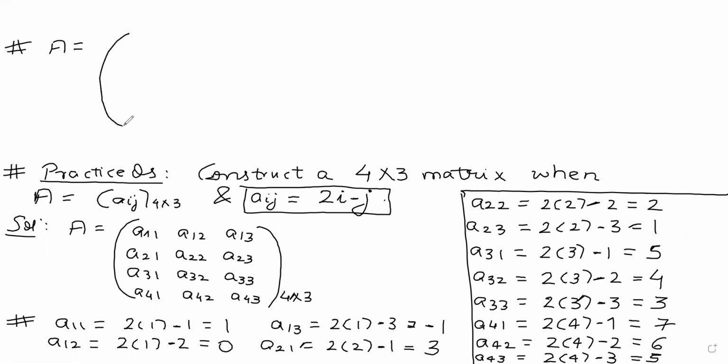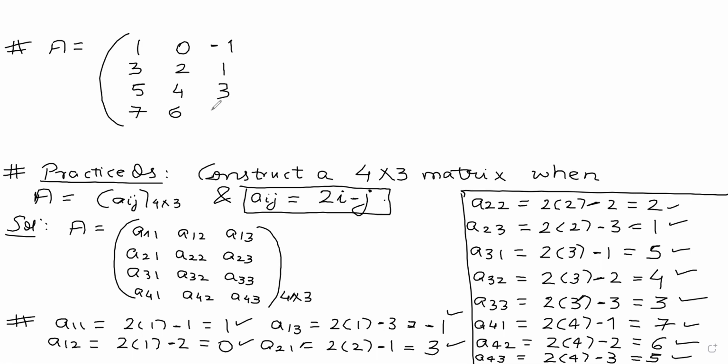So our matrix A has come out as 1, 0, minus 1, 3, minus 1, then we have 3, 2, 1, then we have 5, 4, 3, and then we have 7, 6, 5. So this is our 4 cross 3 matrix and the answer for this question.